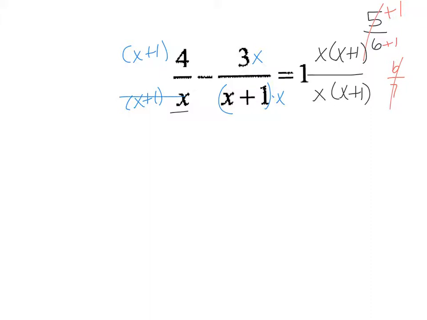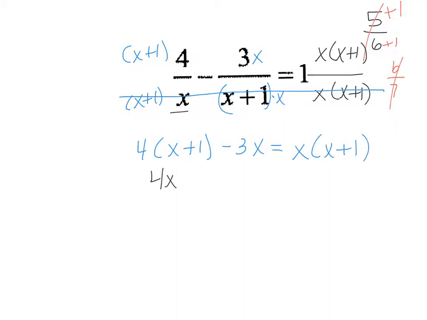So now I can cancel all of these out, and I have 4, I'm going to write a little bit nicer, times x plus 1 minus 3x equals x times x plus 1. So now you have 4x plus 4 minus 3x equals x squared plus x.